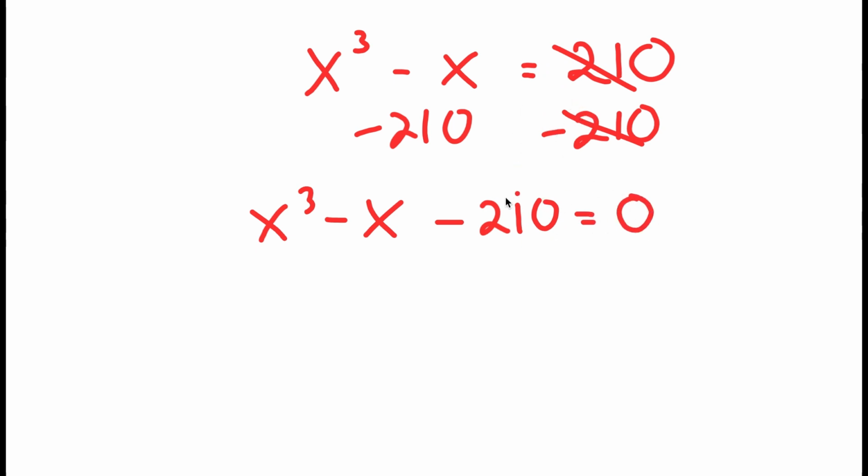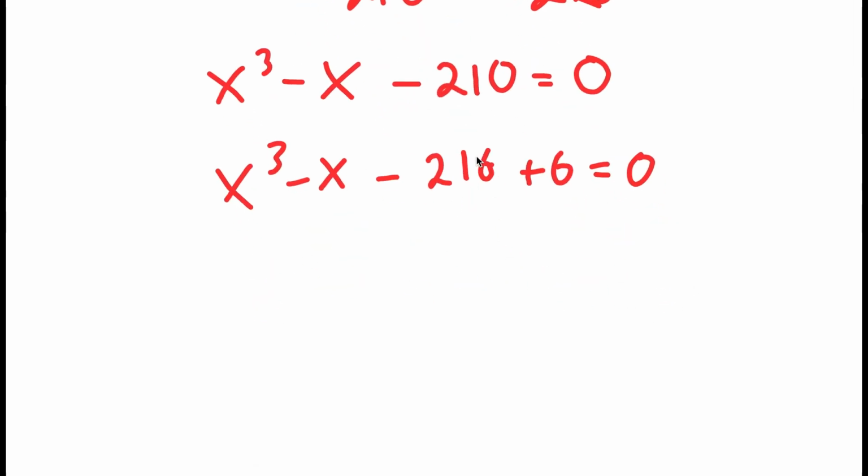Now from here, I'm going to rewrite negative 210 as negative 216 plus 6. And the reason I'm doing this is so that 216 is the same thing as six to the power of 3.